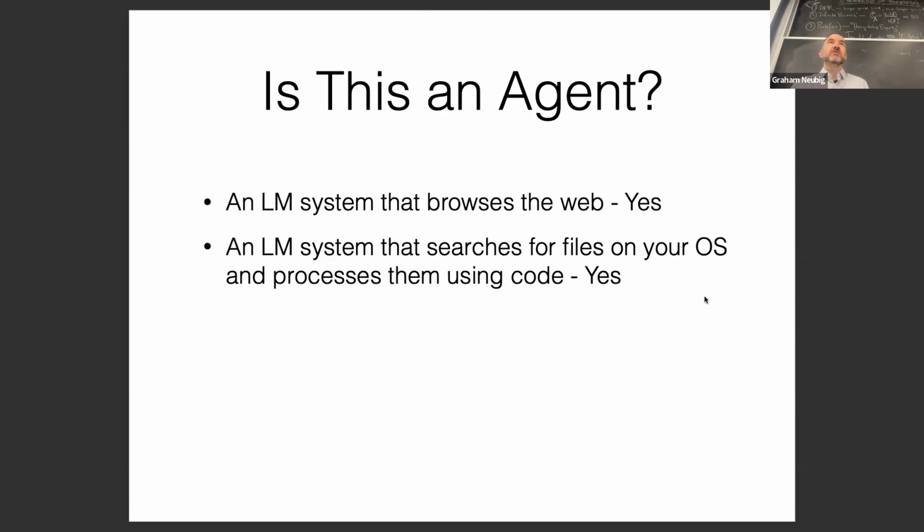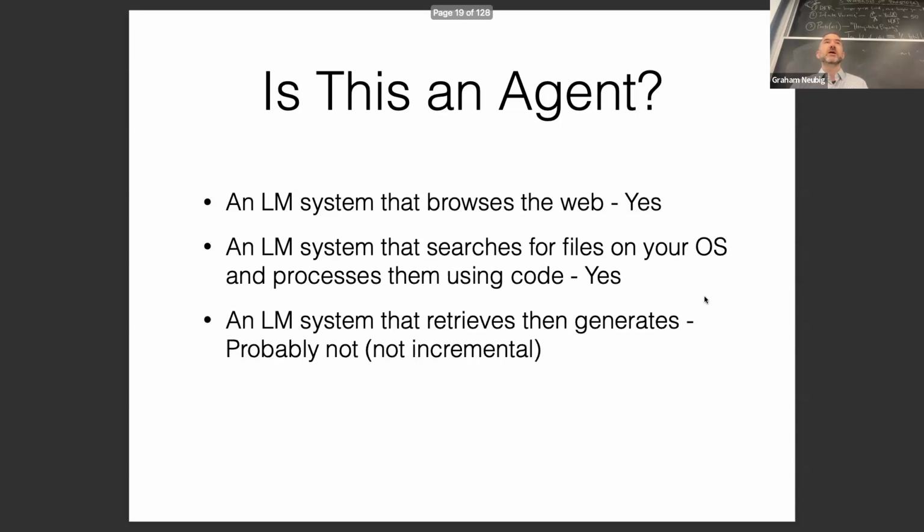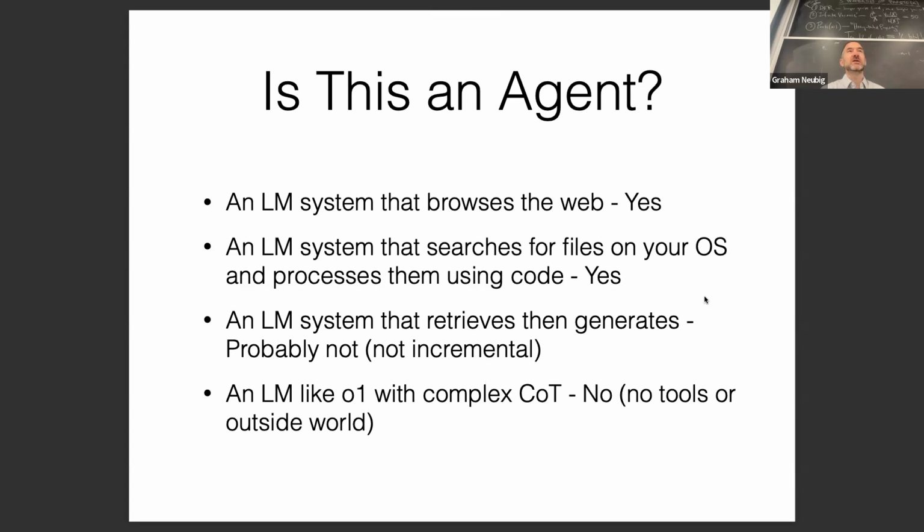One that searches for files on your OS and processes them using code might be one, especially if it's interactive in some way, so I'd say that's probably yes. An LLM system that retrieves and generates, like a RAG system, like the ones that you're implementing, maybe not. Maybe this would not be considered an agent because it's not incremental, so it doesn't do multiple steps, although you could come up with an incremental system that might be considered an agent.